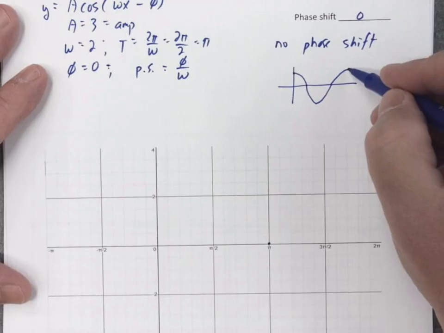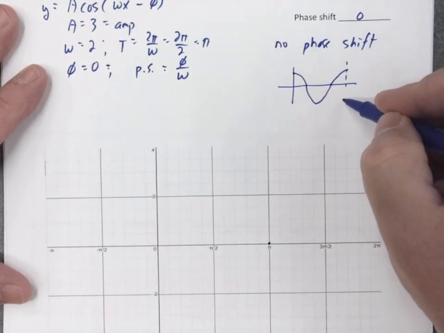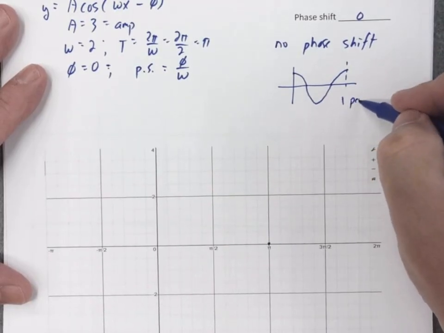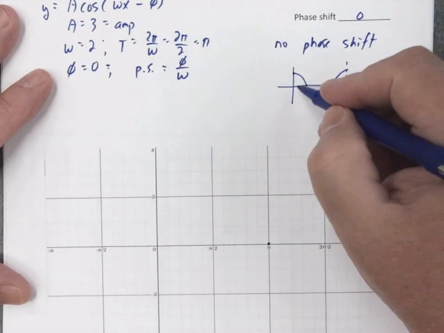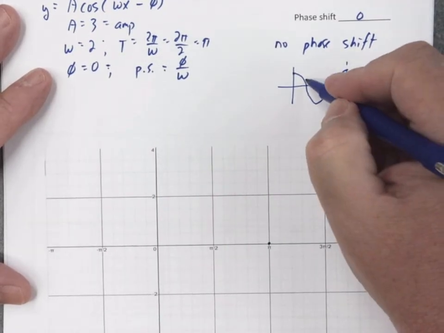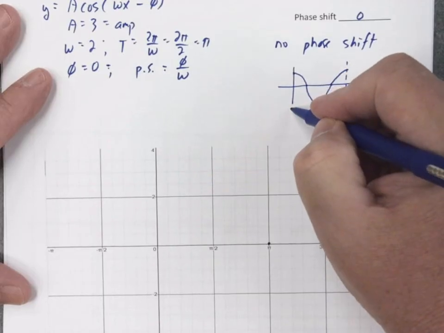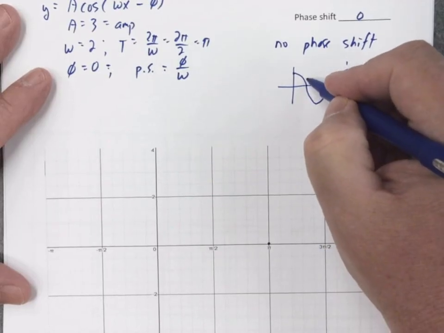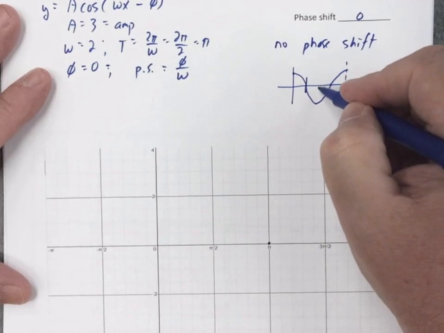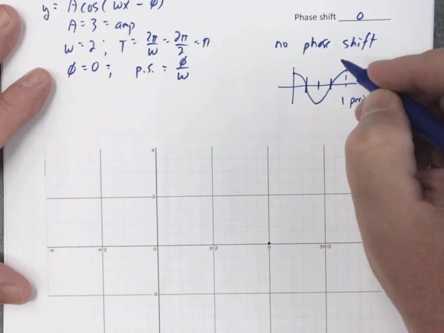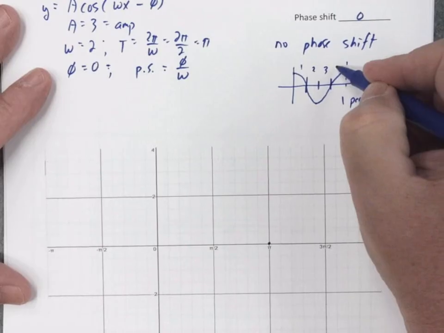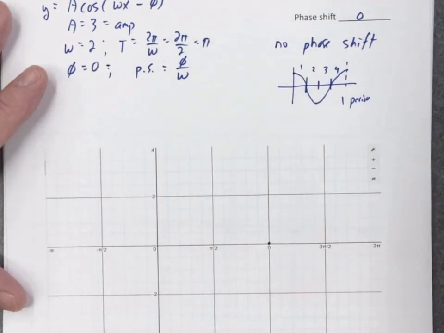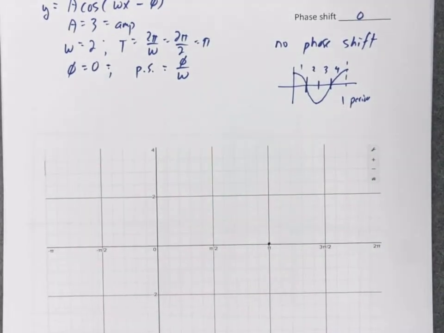So here is one period. Now what we like to do is break this period up into 4 equal parts. It starts here. Here's the first part. Here's the second part. Here's the third part. So these are 4 equal regions in terms of the width of each region.